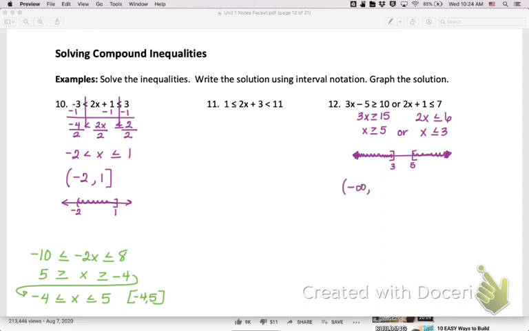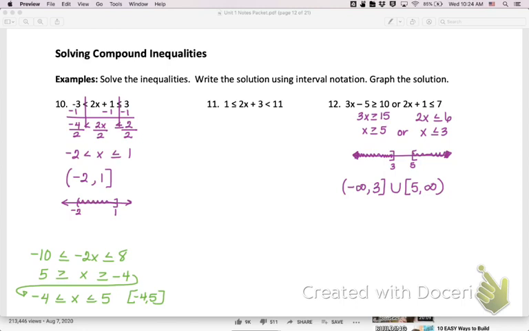So the lower section of solutions is negative infinity to positive 3, and we're going to say include with that, so union, from positive 5 to positive infinity. The union takes those two disjoint sets and combines them into a single set.